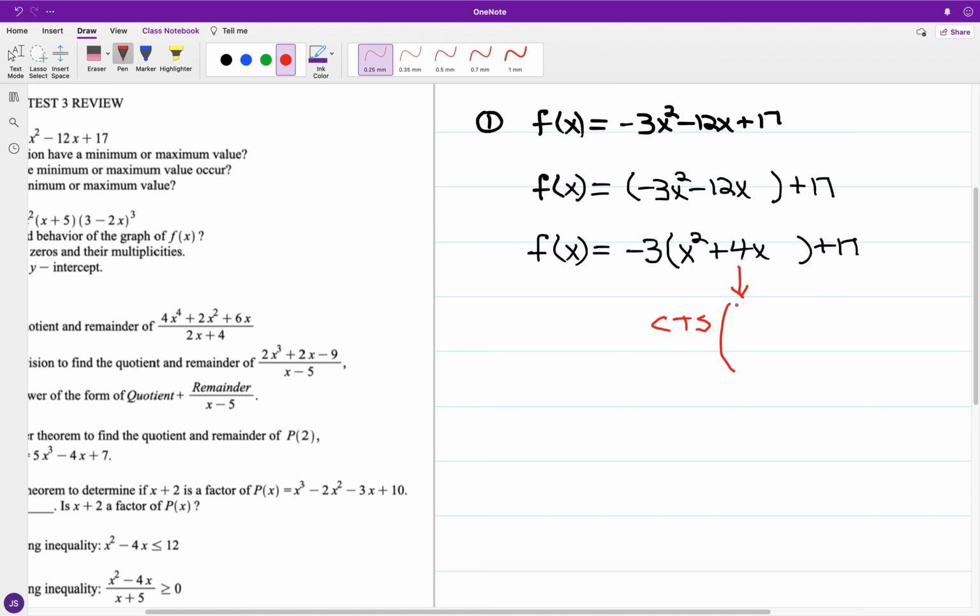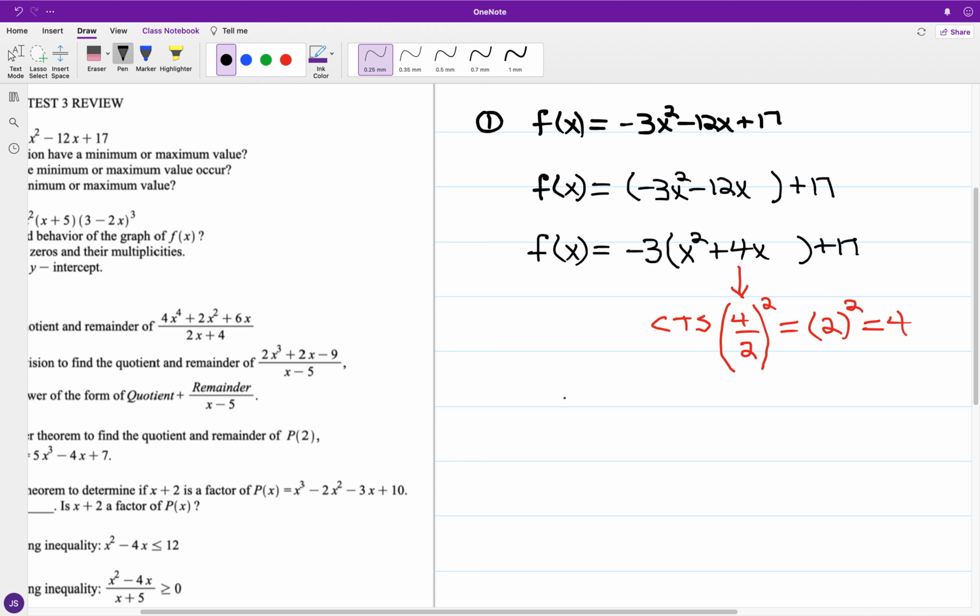This will be done by taking half of the coefficient alongside the first order variable x. So we have half of 4, and then after taking half, we're going to square. Half of 4 is 2, and 2 squared is equal to 4. And that number which we squared, namely 2, is going to re-enter the scene once we get to the vertex form.